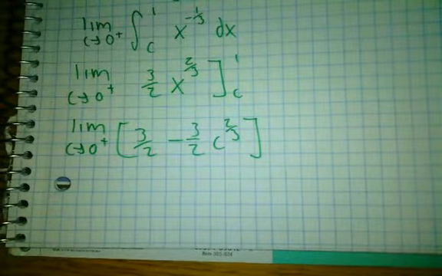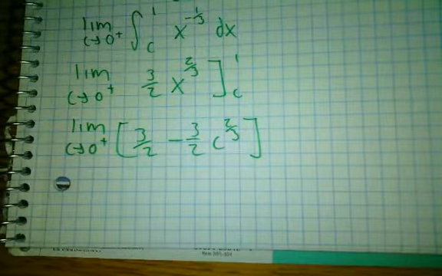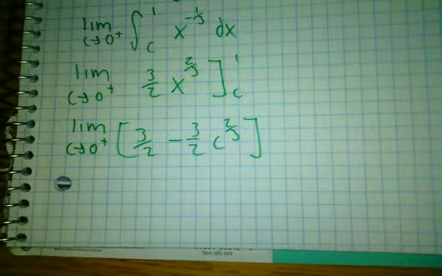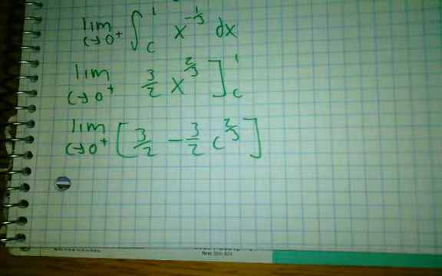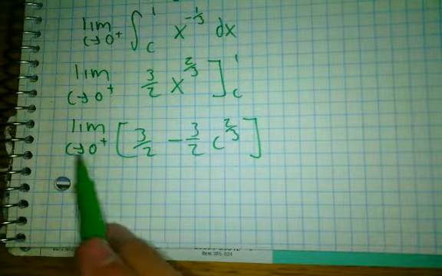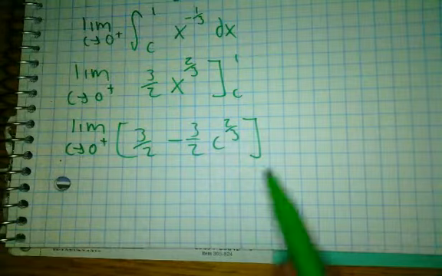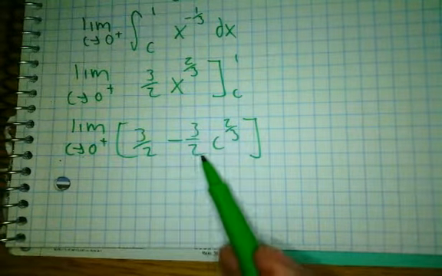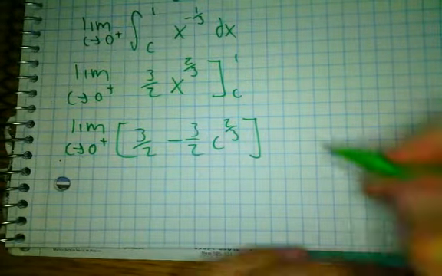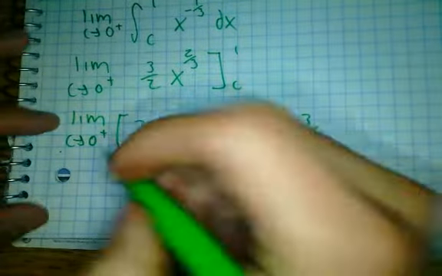Now, I hope you have not forgotten how to solve limits. What's the first thing you need to try when solving a limit? Plug in, because if it works, you're done. If it doesn't, we need to try something else. If I plug in 0 for C, 0 to the 2/3 power is 0, so 3/2 minus 0 is 3/2. So what can you tell me then? It converges.